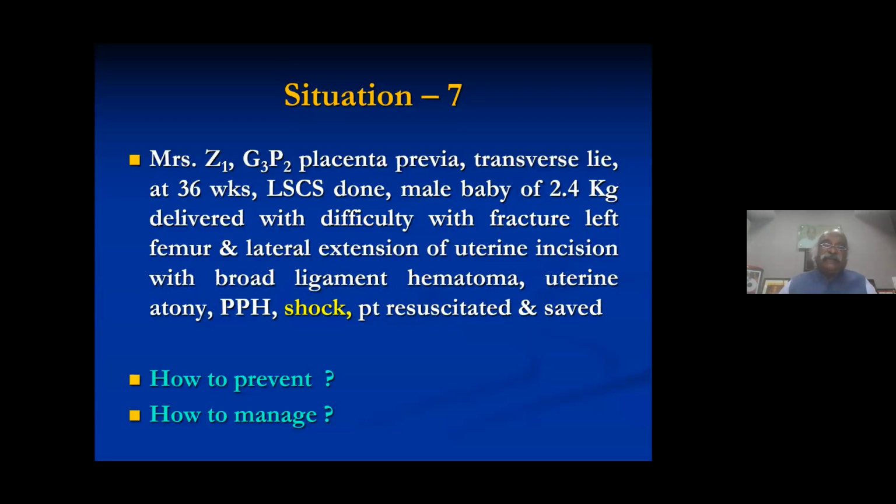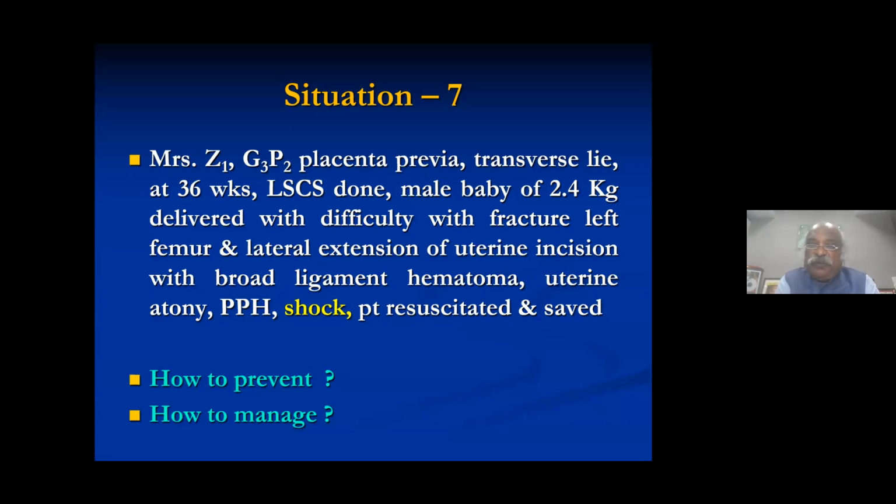Again, in cesarean section, this is an example where Mrs. Z, G3P2, a case of placenta previa with previous cesarean section, presented with transverse lie at 36 weeks. And therefore, the decision was LSCS, and LSCS was done.